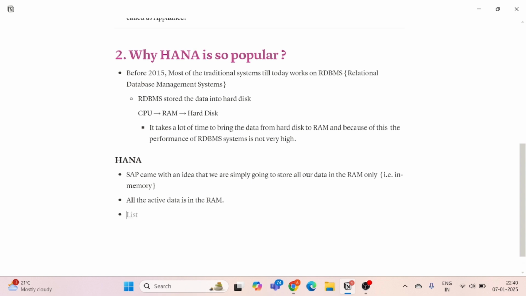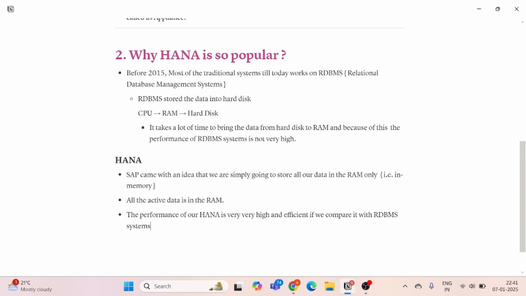So what we can say is the performance of our HANA is very high and efficient if we compare it with RDBMS systems.